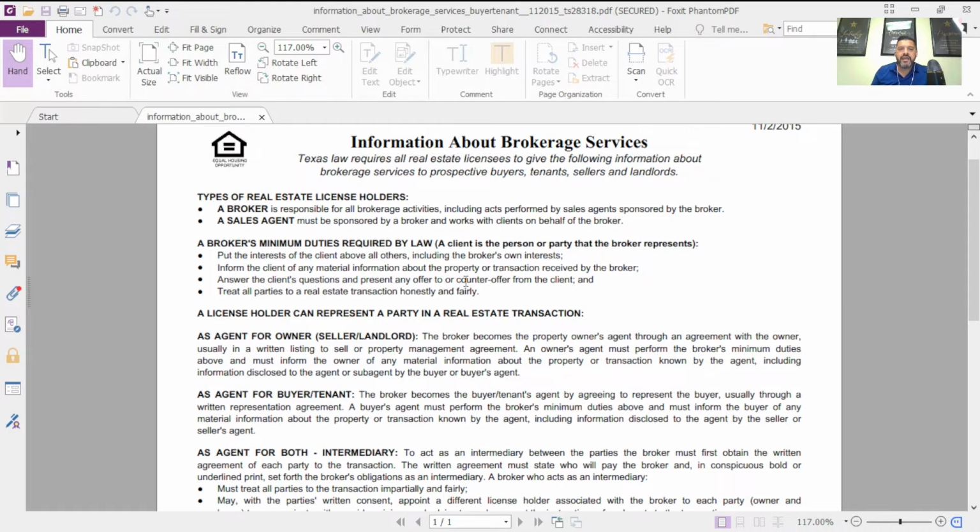Inform the client of any material information about the property or transaction received by the broker. Answer the client's questions and present any offer to or counter offer from the client, and treat all parties to a real estate transaction honestly and fairly. So these are the minimum duties of a broker and also a real estate agent.